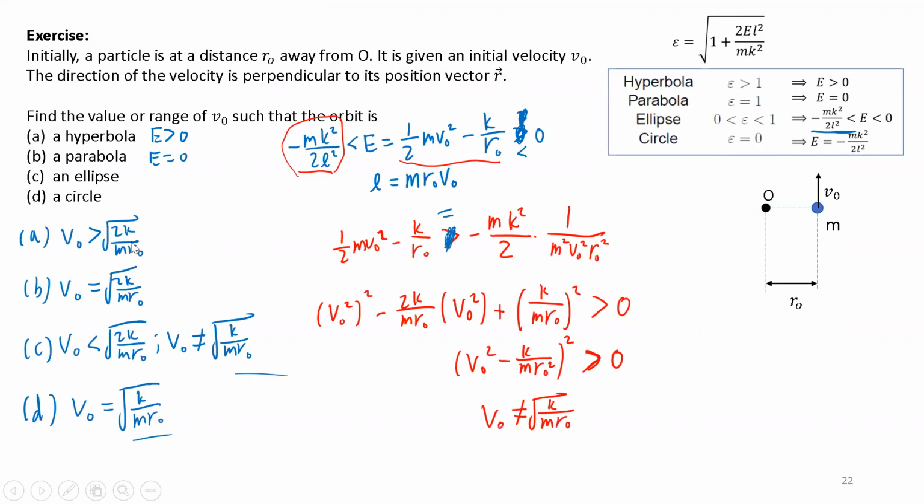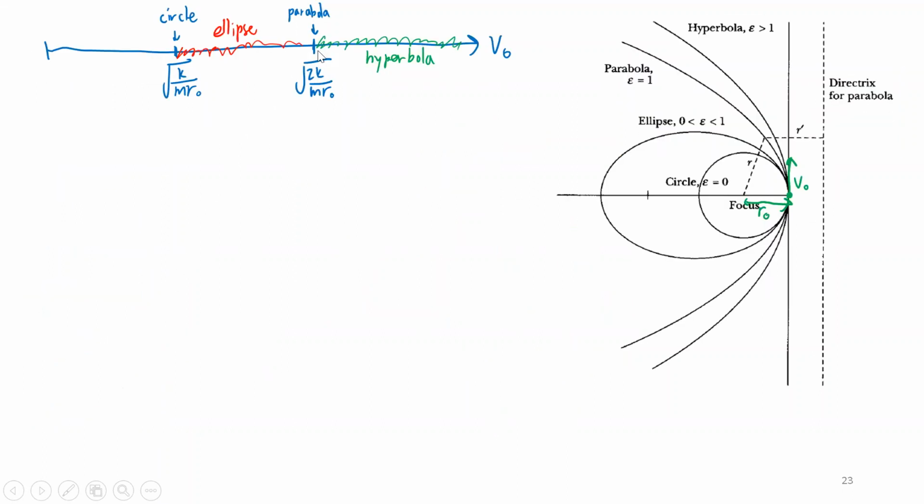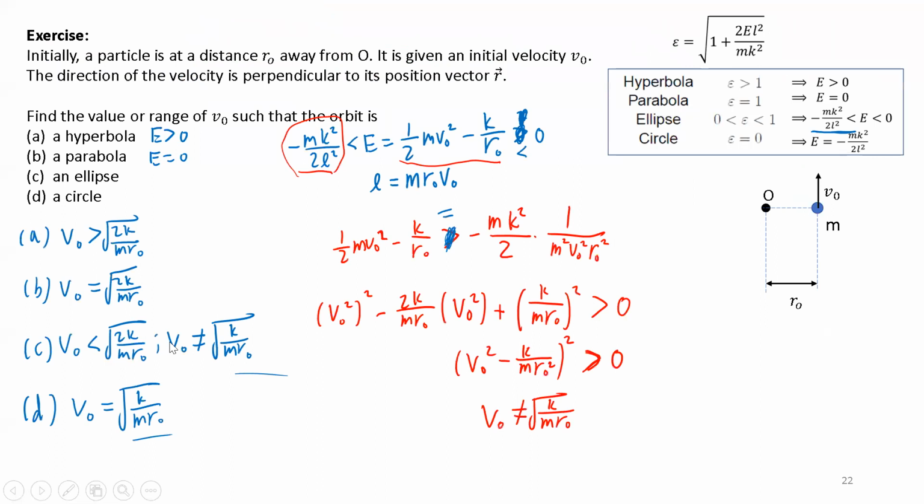If I look at the results I just got, once again, I require V naught to be smaller than this value, so that is over here. And also, I require this one to be not equal to this value.